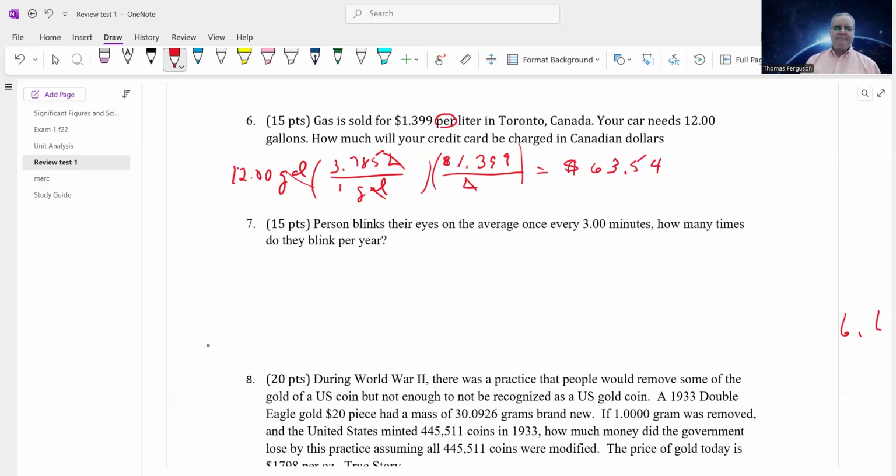Now this problem is slightly different. So one conversion factor is one blink for 3 minutes.